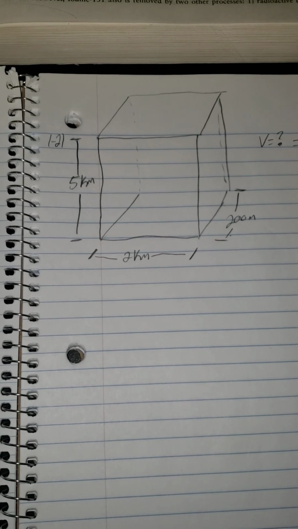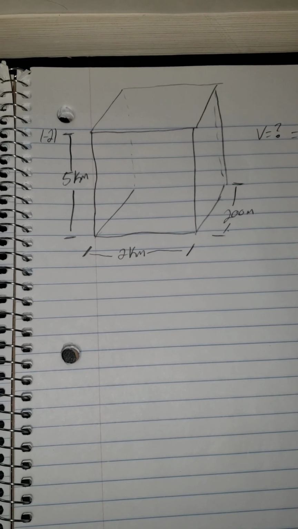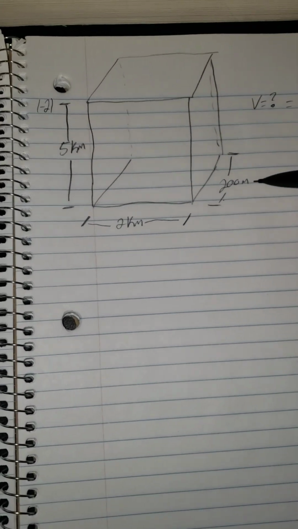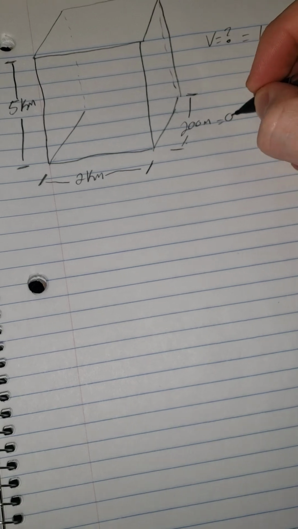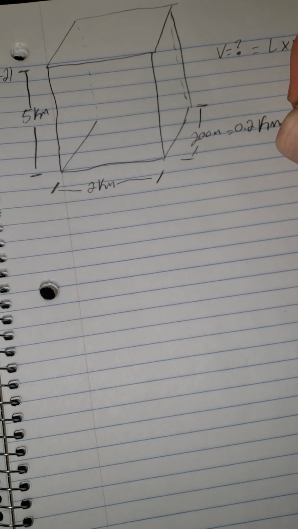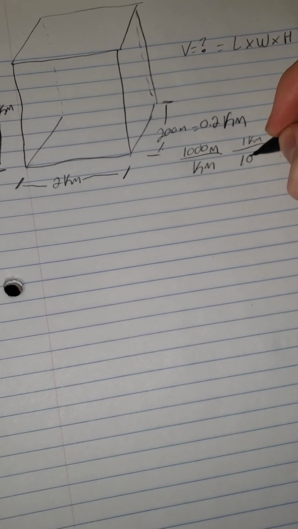Well, that is equal to length times width times height. We're not all in the same units, so this is equal to 0.2 kilometers, because there's 1,000 meters per kilometer, or 1 kilometer per 1,000 meters.